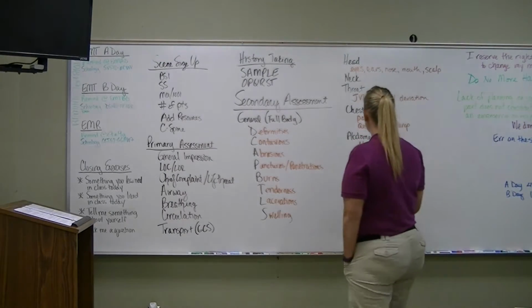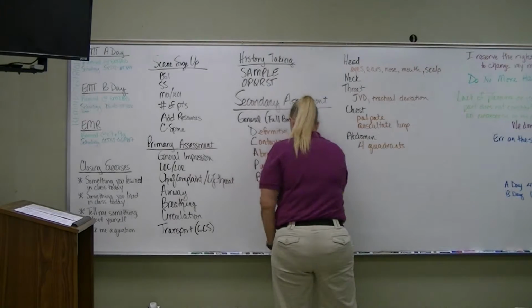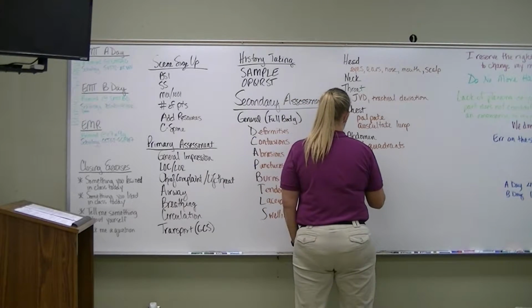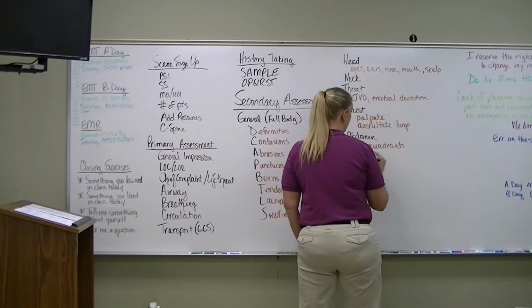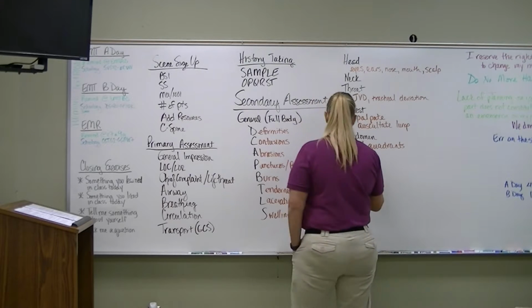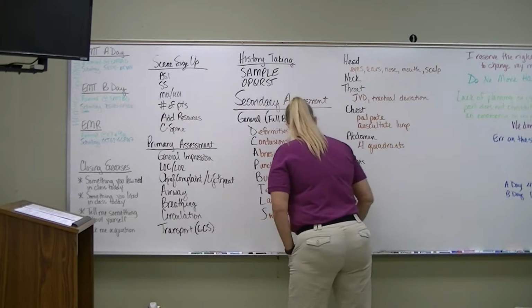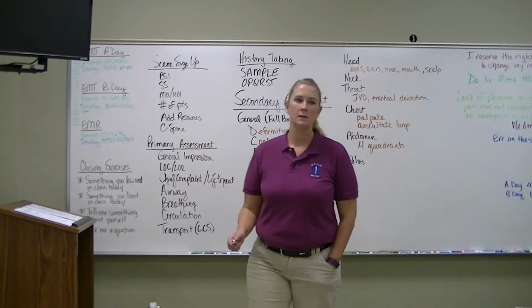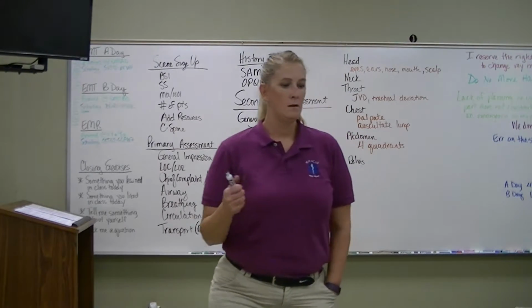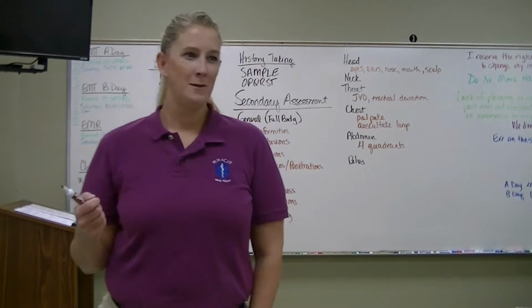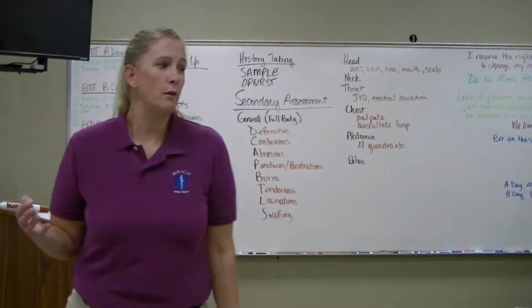Very true. What comes after abdomen? Pelvis. We're getting to the pelvis. What are we checking for in their pelvis? We want to make sure their hips are stable. How are we going to do that?